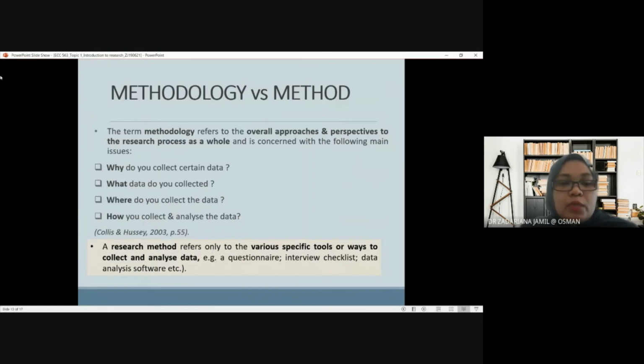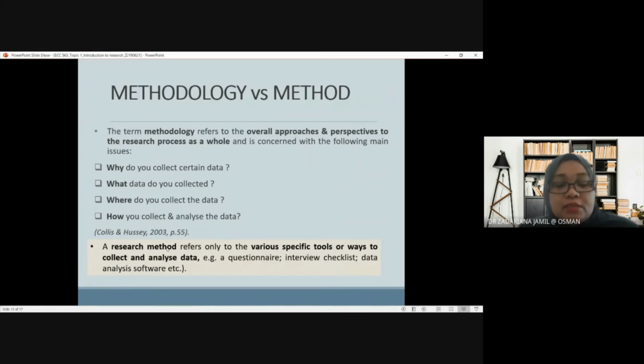So you need to identify the three Ws and one H: why do you collect certain data, what data you want to collect, where you want to collect it, and then how you collect and analyze the data. So it explains the whole process of the research.